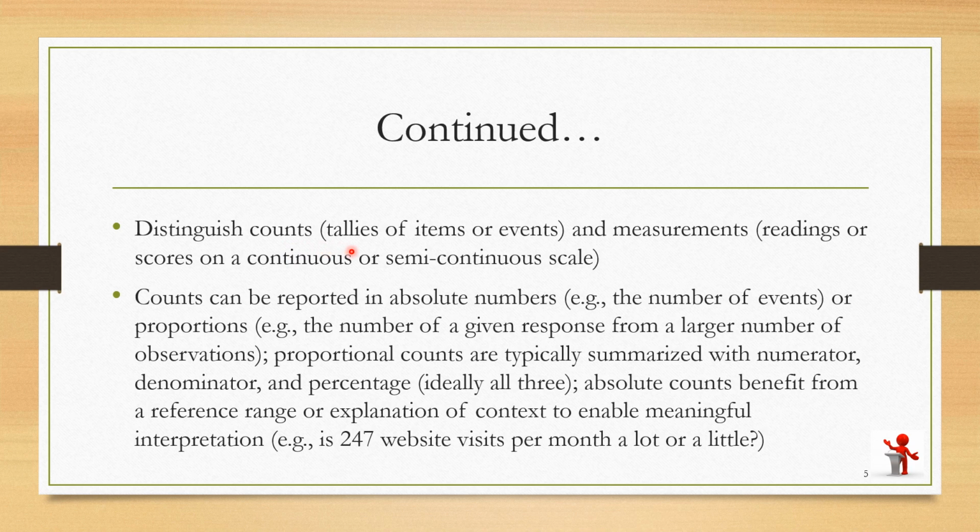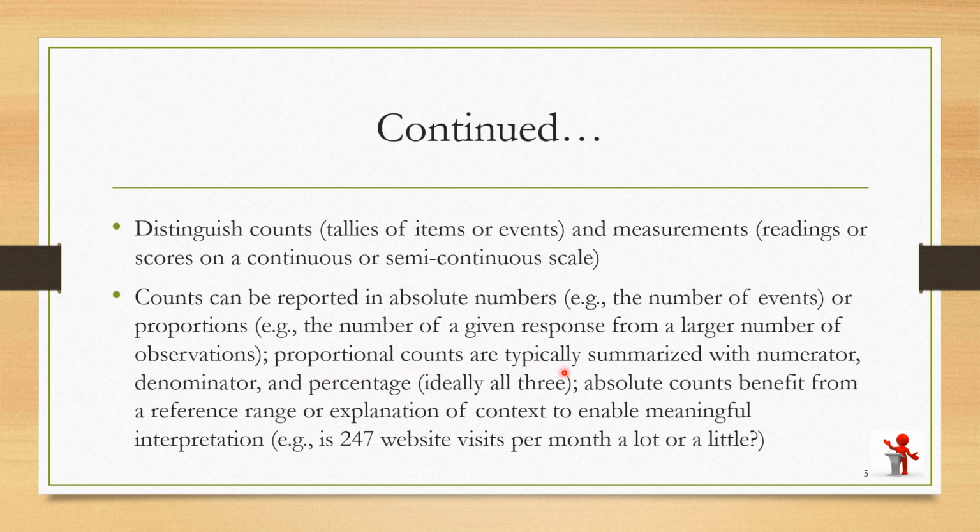Distinguish counts, tallies of items or events, and measurements, readings or scores on a continuous or semi-continuous scale. Counts can be reported in absolute numbers, for example, the number of events, or proportions, such as the number of a given response from a larger number of observations.